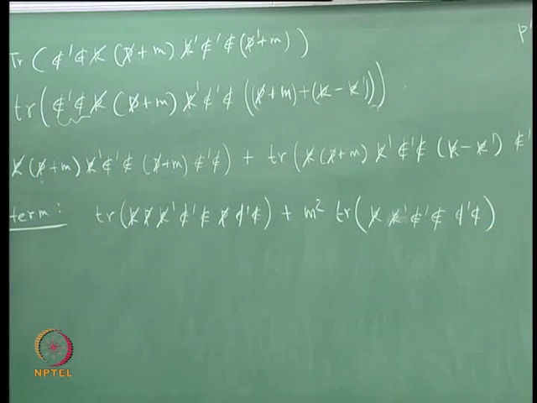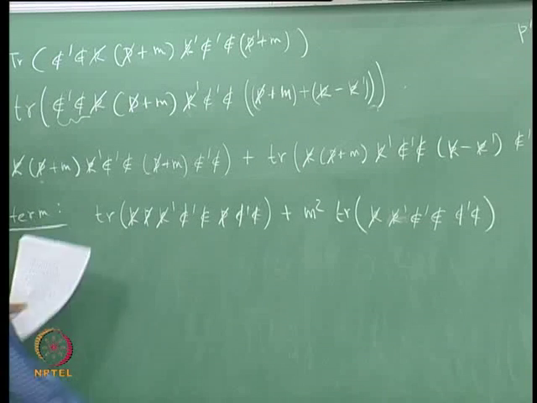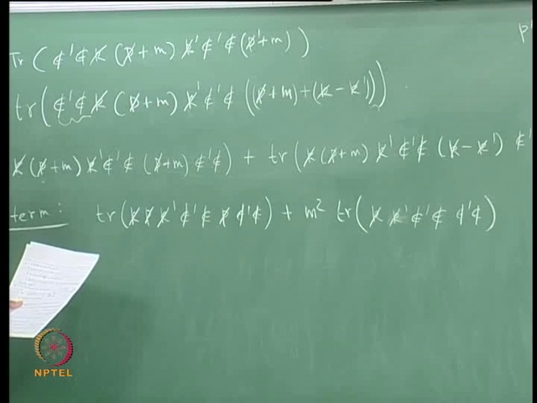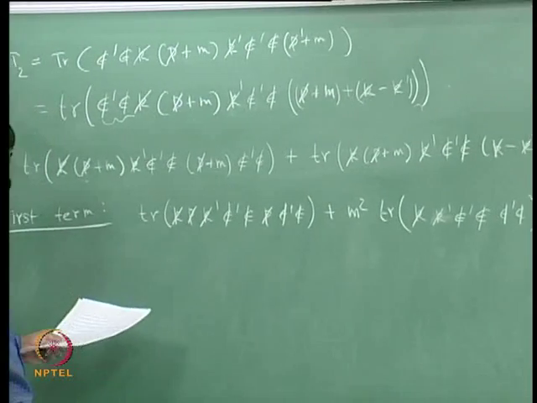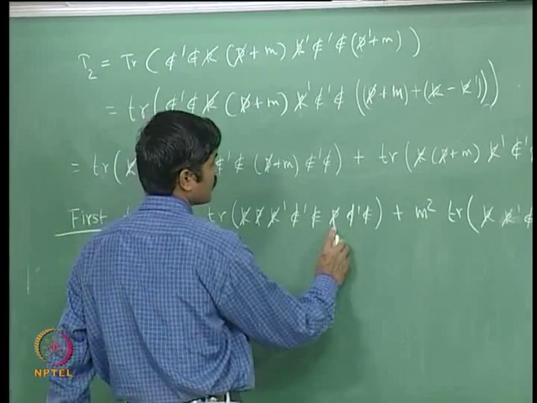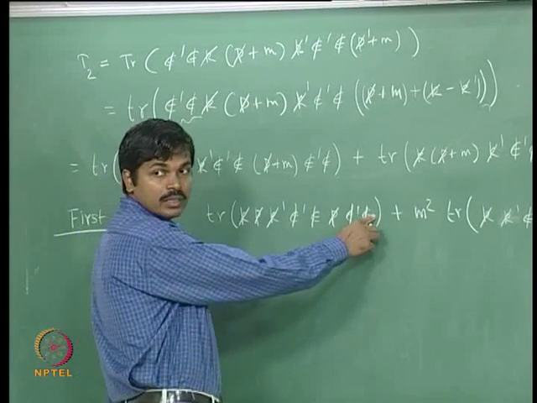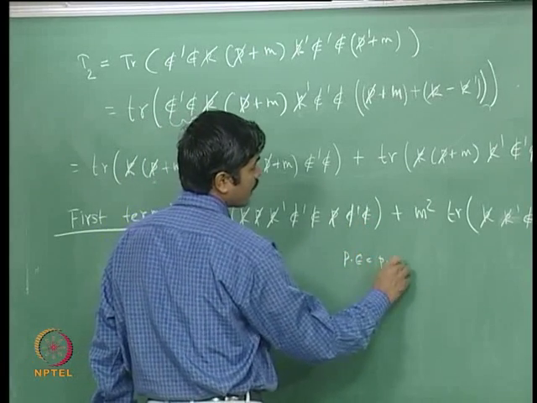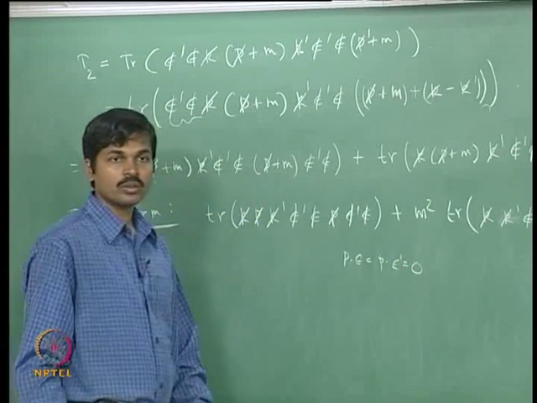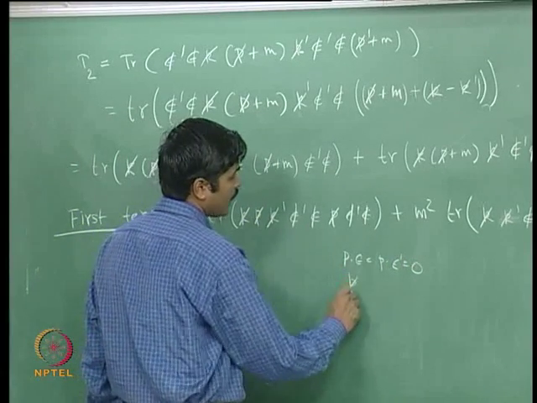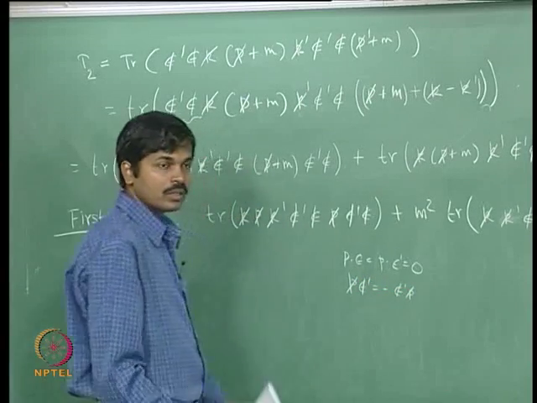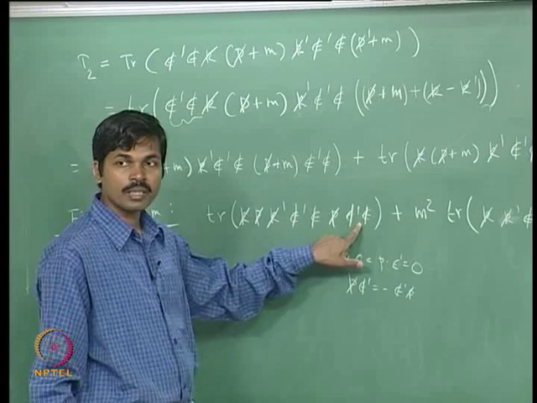Okay. Now, what we can do is you can bring this P slash to this end here, because P dot epsilon equals P dot epsilon prime equals 0. This implies P slash epsilon prime slash is minus epsilon prime slash P slash. So, if you move it once you will get 1 minus sign.